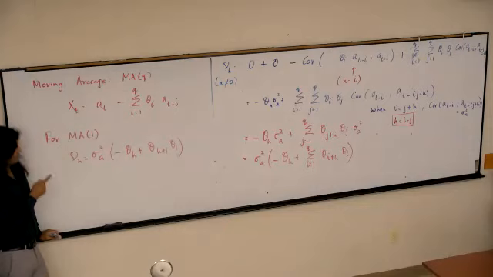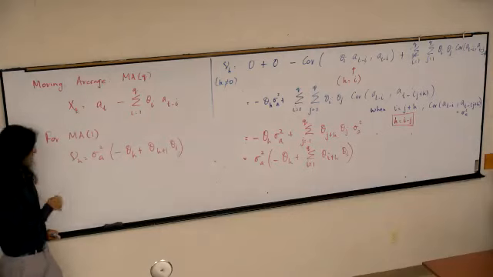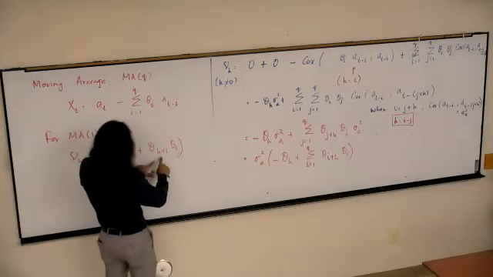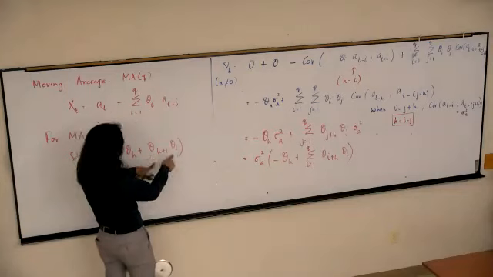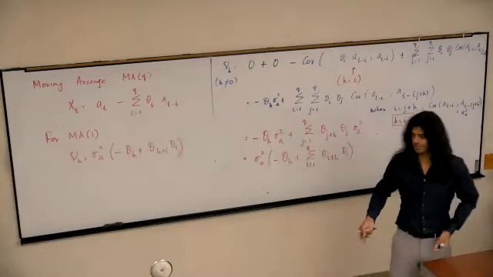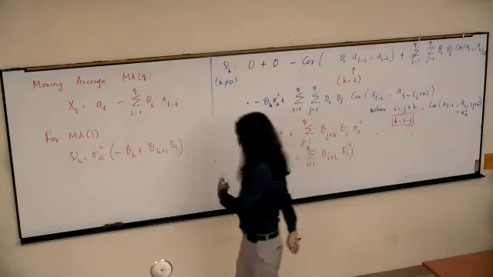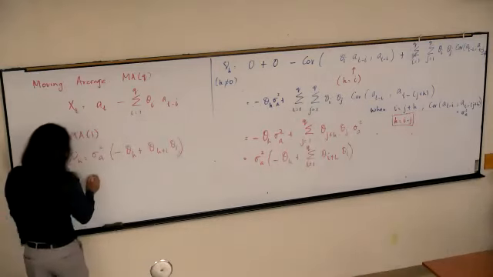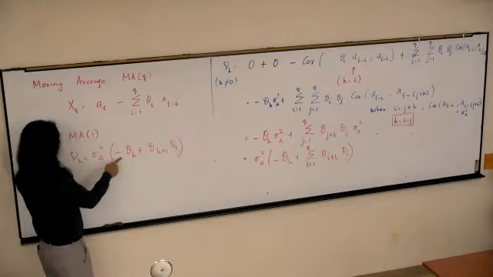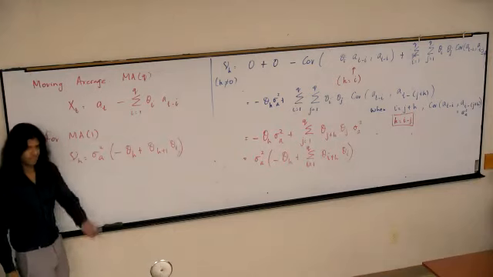If h equals 0, we don't have an issue, right? But if h is equal to 1, we have a problem, and that problem would be here: 1 plus 1 is 2, theta 2 times theta 1, and then an MA1 model does not have theta 2, so that will become 0, resulting in simply sigma squared a times negative theta 1.